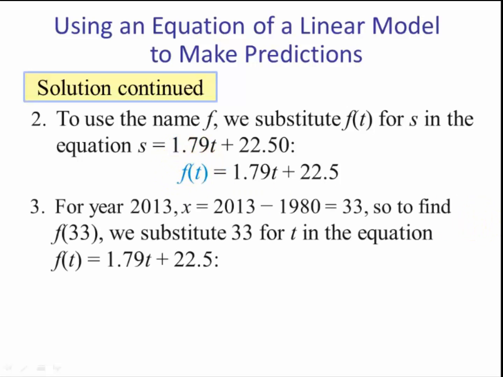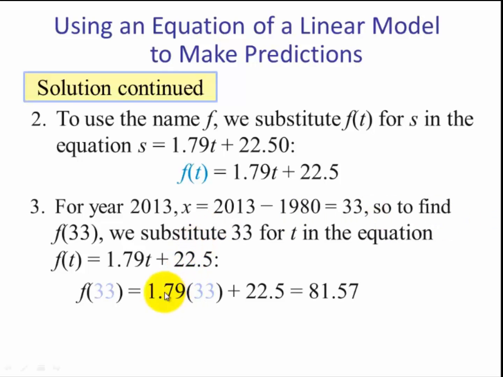Number 3, for the year 2013, t will be equal to 33. We take 2013 and subtract 1980 because t is how many years beyond 1980. f of 33 is equal to 1.79 times 33 plus 22.5.